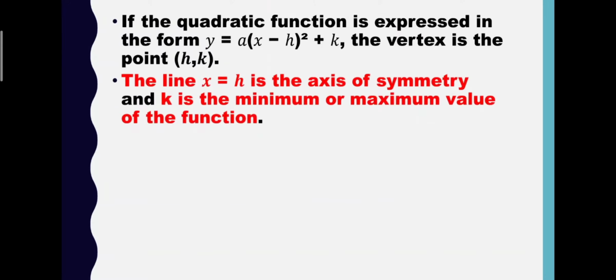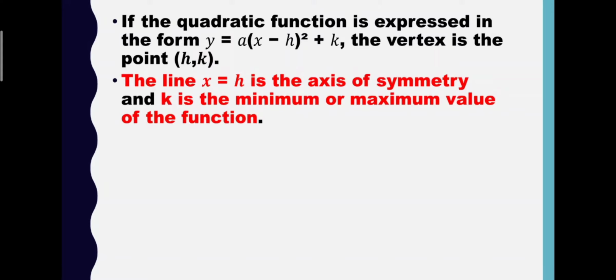Then, the line x is equal to h is the axis of symmetry, and k is the minimum or maximum value of the function. Di ba, pinakita ko na kanina kung paano or saan nyo ilalagay ang axis of symmetry. Ang value ng h, if ang given is the graph, makukuha nyo na kaagad, magdedepende kung saan matatapat sa x-axis ang axis of symmetry.